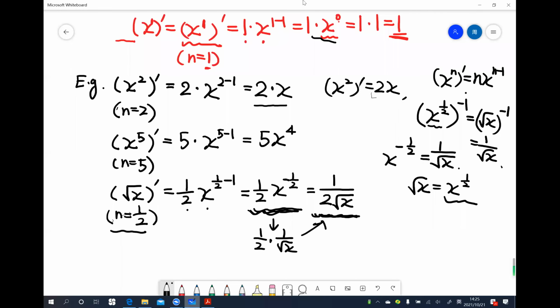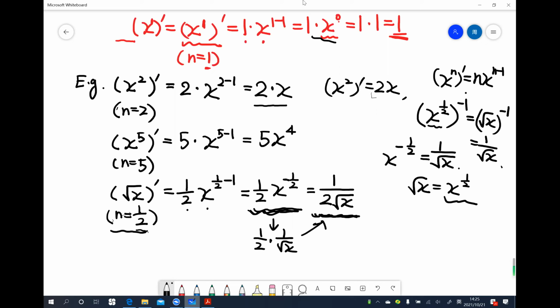Can you understand now? Yes, Lordship. This is a different way to write the power. We can use the square root, or we can use the power half. So this is the second rule, the power rule.